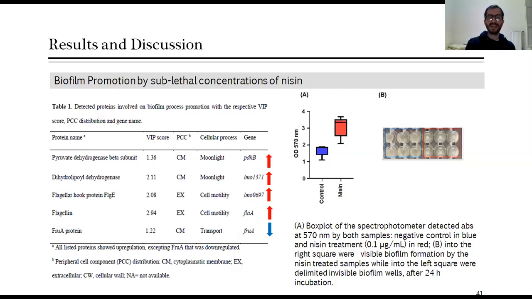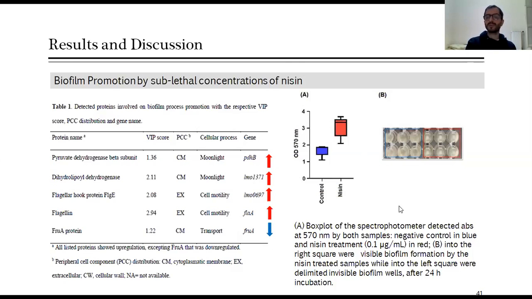Here we can observe a downregulation, so there is a different kind of regulation by these two antimicrobial peptides. This downregulation works positively on biofilm formation, so promotion.